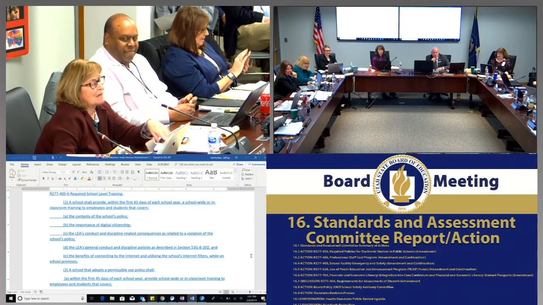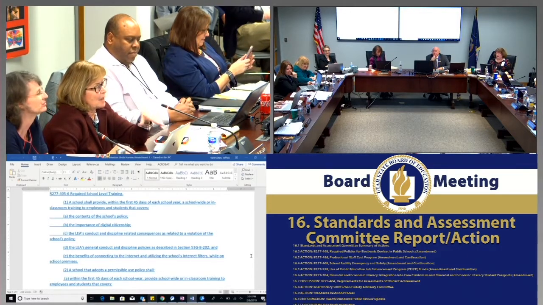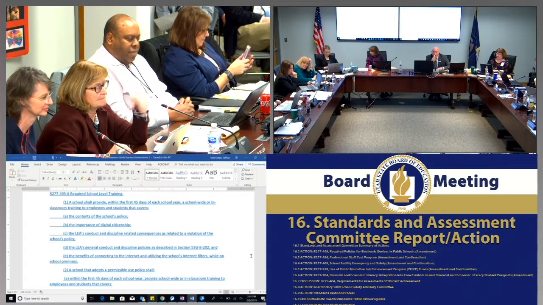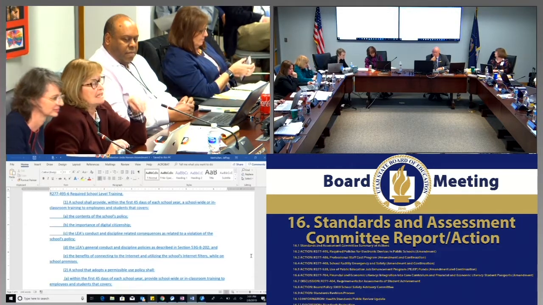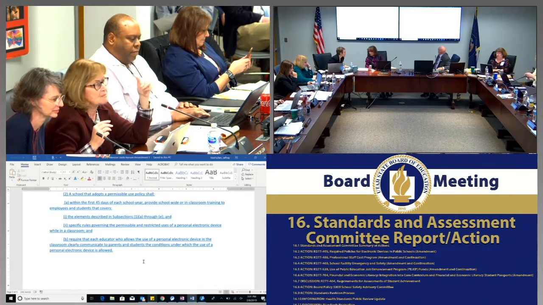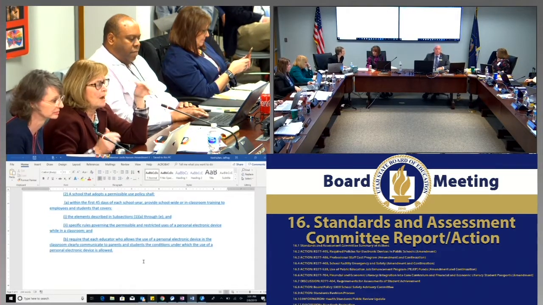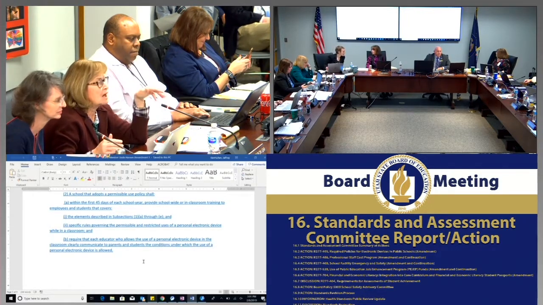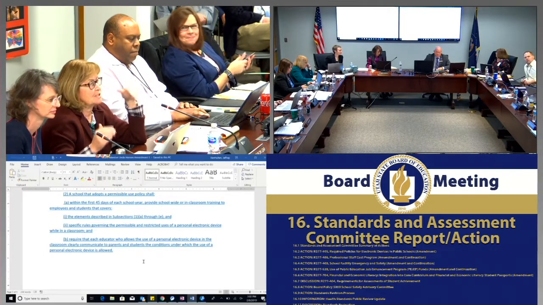Anyway, my concern is I would rather wait and get it right without being pushed into a time crunch. My concern is the last few lines. We could all agree that it seems like second nature or intuitive, but requiring each educator who allows the use, how is that even monitorable? I'm really resisting rules that can't be monitored.